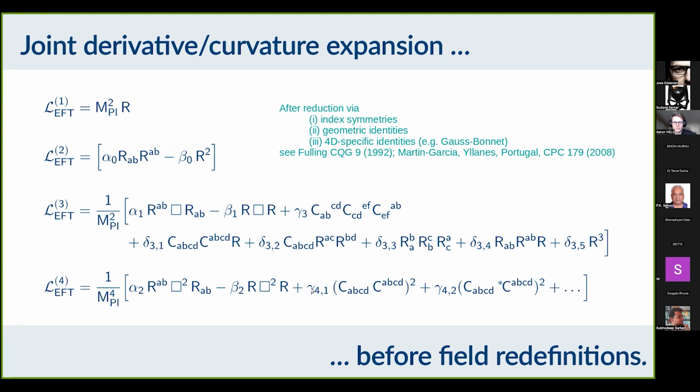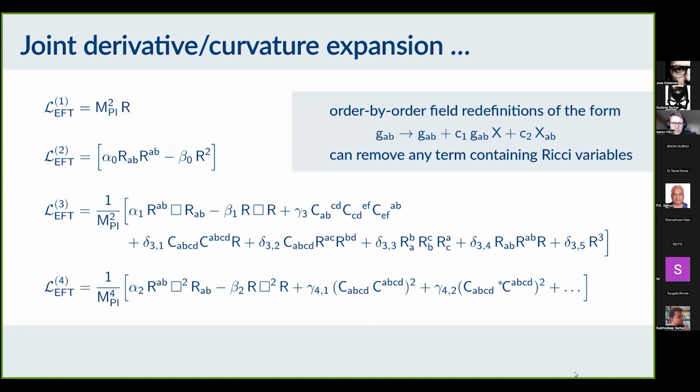Okay. All right. So all of what I'm saying here is before field redefinitions. What do I mean by field redefinitions? I mean something like that. You take the metric and you transform it to a different metric, which is just the metric that you had before, plus some other terms which come with curvature dressed.